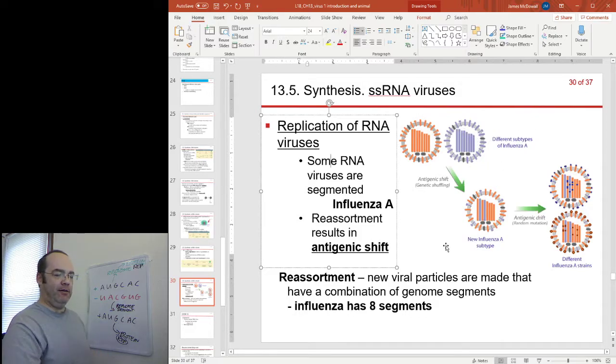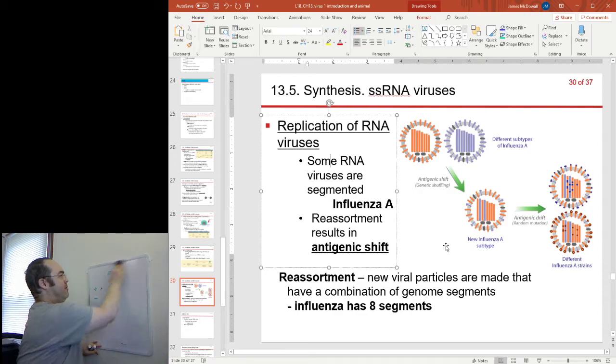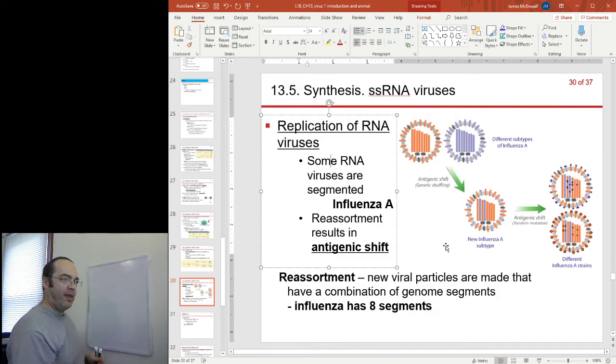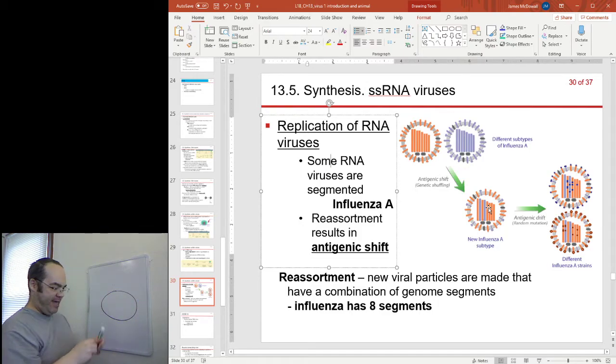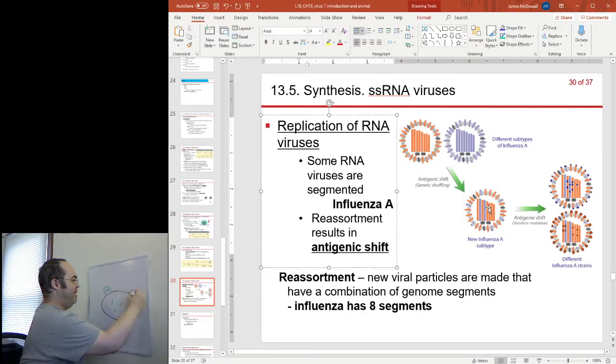If a cell is infected with more than one version of the virus, as we see here, so we have our cell, it's infected by the green version of the virus, and it's infected by the red version of the virus.